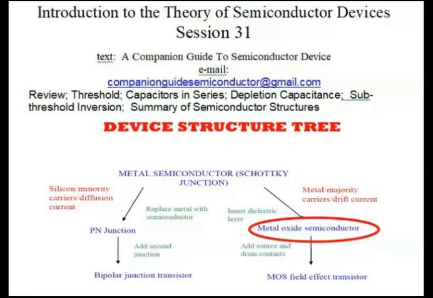In today's session, we're going to continue our discussion of the metal oxide semiconductor capacitor, also known as the MOSFET.